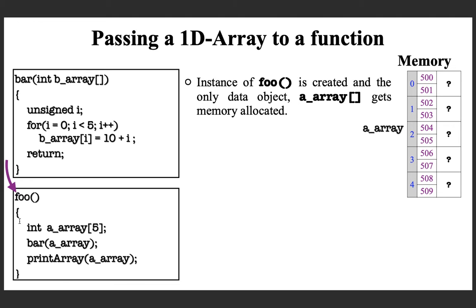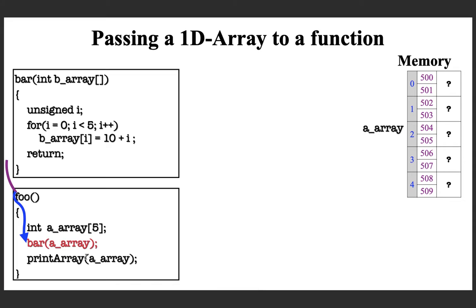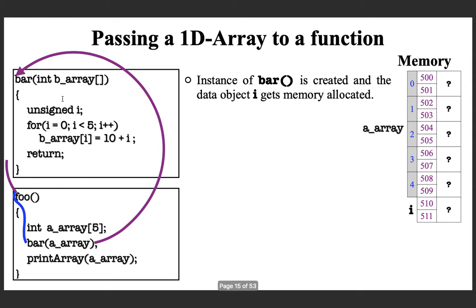Now if you simulate the execution of this function, it comes to the first executable statement, which is a function call. Now you know from the previous discussion that the program control should go to this function which is called, and the moment that function is called, an instance of this function needs to be created. And that's very interesting in this case.